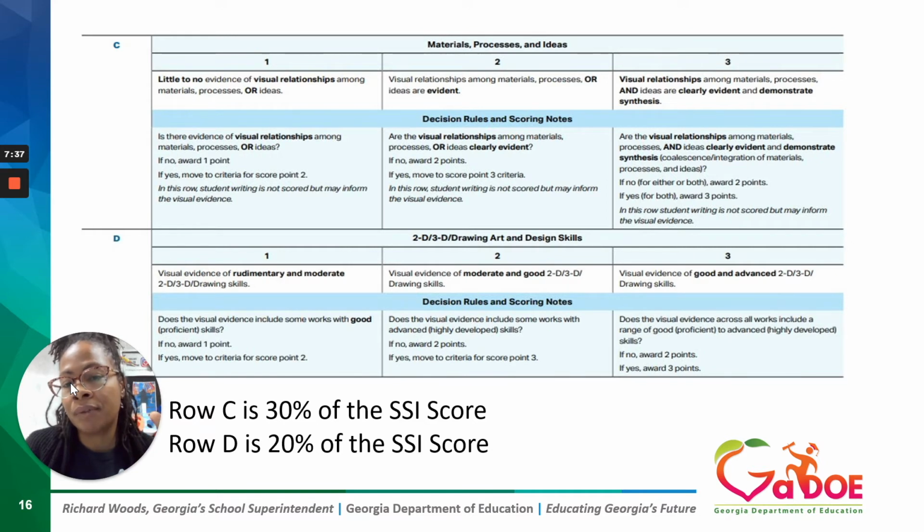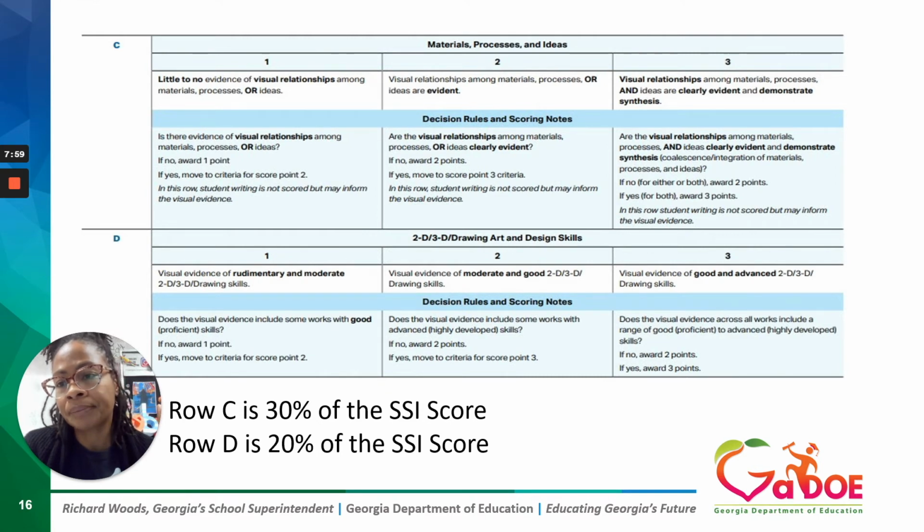A lot of the weight has to do with your idea, you showing how you're coming up with your idea, and experimentation and revision, right? So 20% of the score is skill. So let's back up to row C, which is 30% of the overall score. And this is the only one that has to do with the visual.